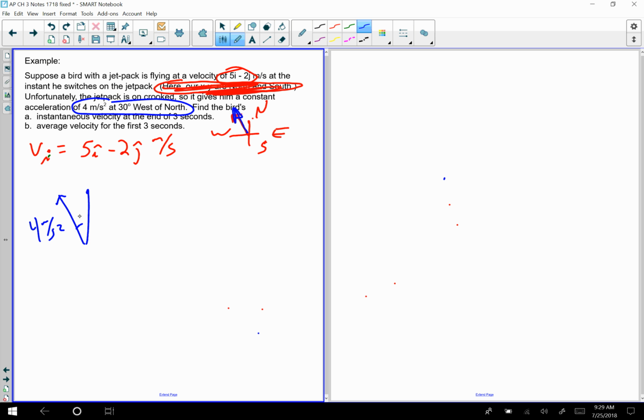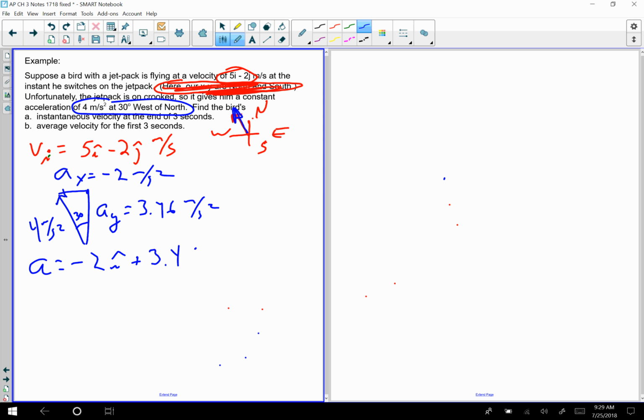So if you do a little bit of trig, what we'll find is that our acceleration in the y direction is 3.46 meters per second squared, and our acceleration in the x direction is negative 2 meters per second squared. So our overall acceleration is negative 2i plus 3.46j meters per second squared.